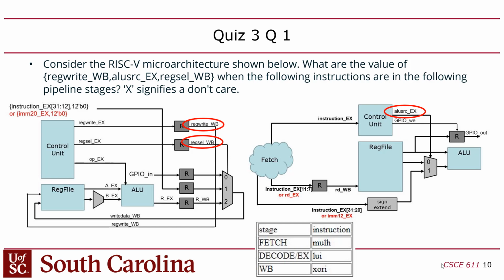And then Reg Select write back is this mux. This mux is selecting what goes back in the register file. Now this is hard to figure out because notice how this line feeds back. It's this ridiculously, comically long wire that you have to trace back. The reason for that is that the data flows from left to right, but the register file is used for both the decode and the write back.